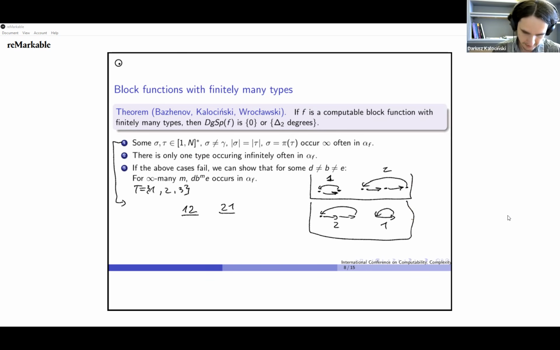Okay, and the idea of showing that you can have any delta 2 degree in a spectrum is that we have a set X, which is delta 2, and we want to encode the set somehow into the image of the function in the copy that we are constructing.